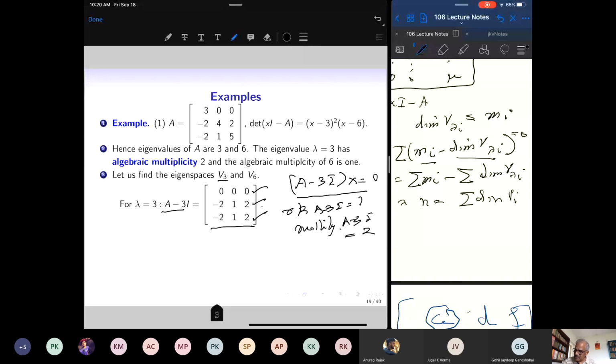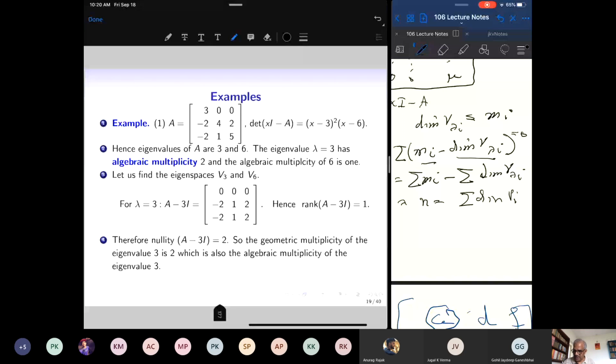The null space of A minus 3I is precisely the eigenspace corresponding to the eigenvalue 3, and therefore this has dimension 2, and 2 is the algebraic multiplicity. So we are in good shape. The algebraic multiplicity and geometric multiplicity of the eigenvalue are both precisely 2. So nullity is 2, geometric multiplicity is 2, and so we are done.